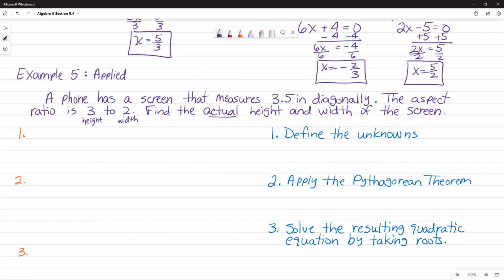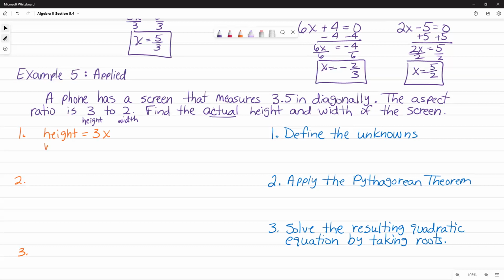All right, so first we have to define our unknowns. Now, this means that the actual height is 3 times x, which is, the x will tell us what that variable is that gives us the actual height.